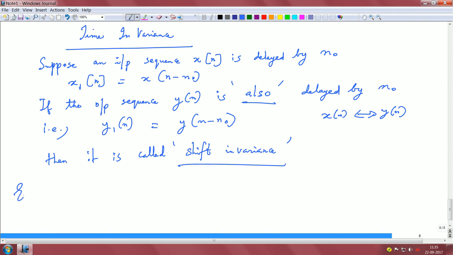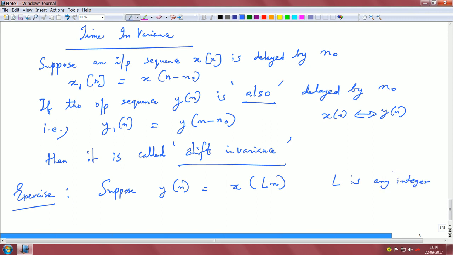Now you might want to ponder about if I give you a sequence y of n which is x of L times n, where L is any positive integer, is this shift invariant?